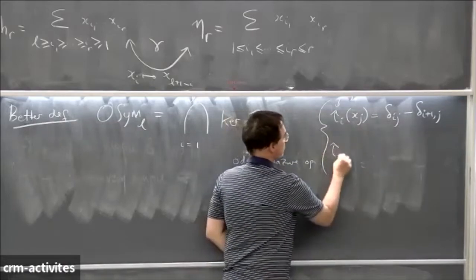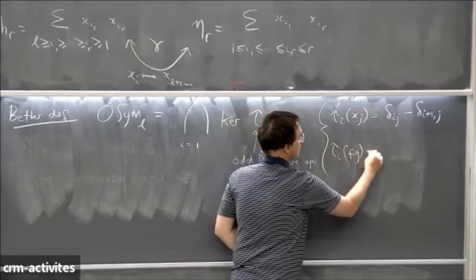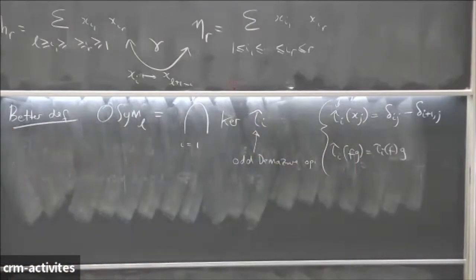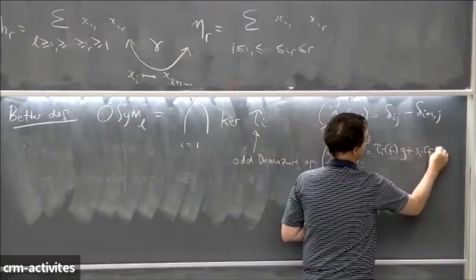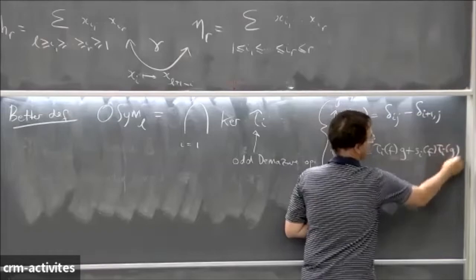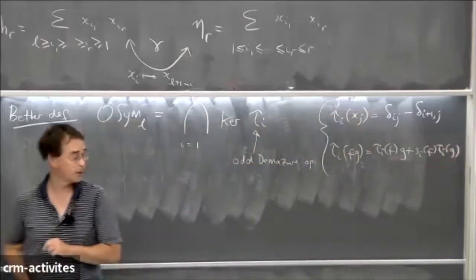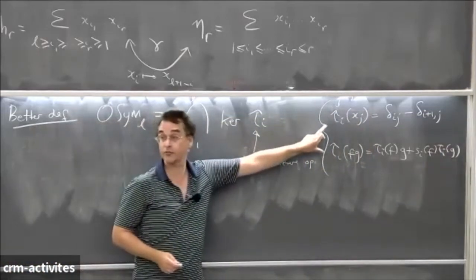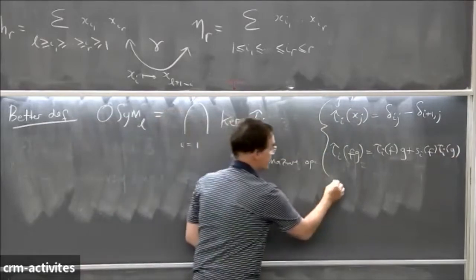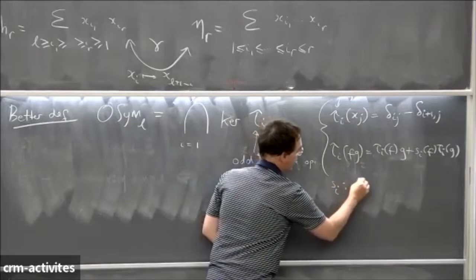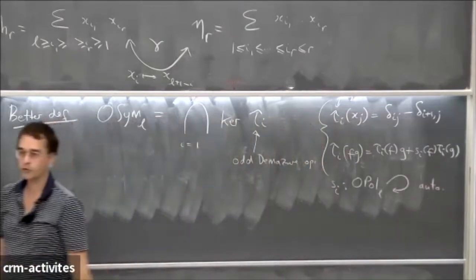And then in general, you need to know how to apply them to a product. This is a theory where everything's bigraded, by Z and Z mod 2. So it's another hallmark of what goes on in this world. So it's s_i of f, tau_i of g. It's a sort of twisted Leibniz rule. This would be exactly how you define ordinary Demazure operators in the even world. The difference is that s_i here is not quite what you think.